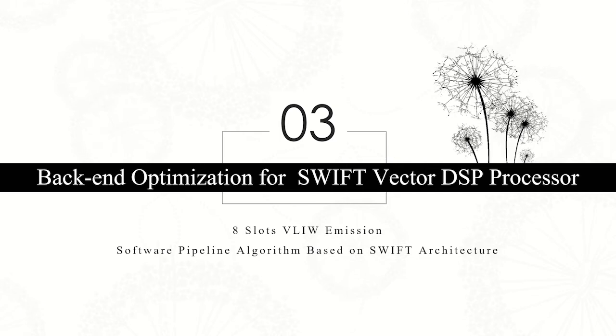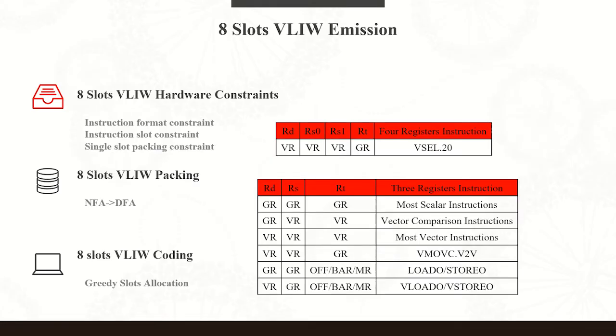First is about the S.VLIW emission. The second is about the software pipeline algorithm based on Swift architecture. As for the S.VLIW emitting algorithm, I will first introduce its corresponding hardware constructs.